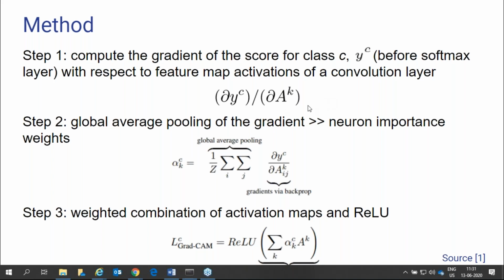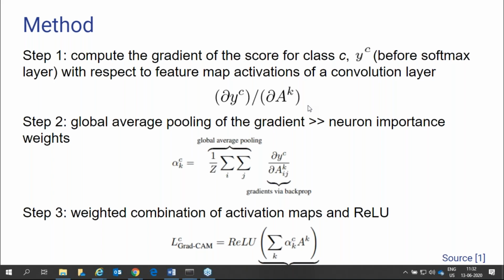For example, if you see one of the last layers in the network, it will give you a feature map of dimension 1 by 7 by 7 by the number of channels, like 4096.